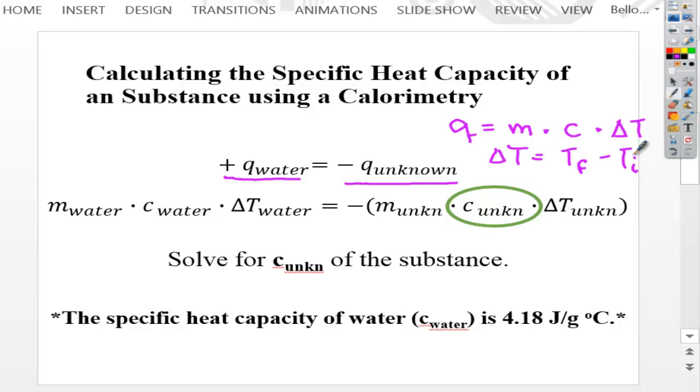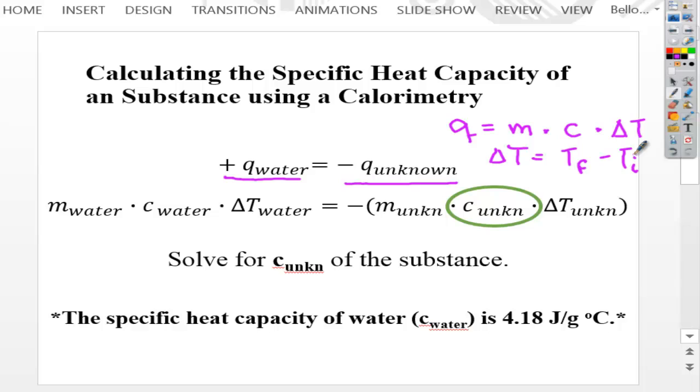So the temperature of the water and the object at the end is going to be what? It's going to be the same or not? If it's reaching equilibrium, what does equilibrium mean? The same. It's balanced. So when you drop the hot object in the water, the final temperature of both the water and the object is going to be the same.